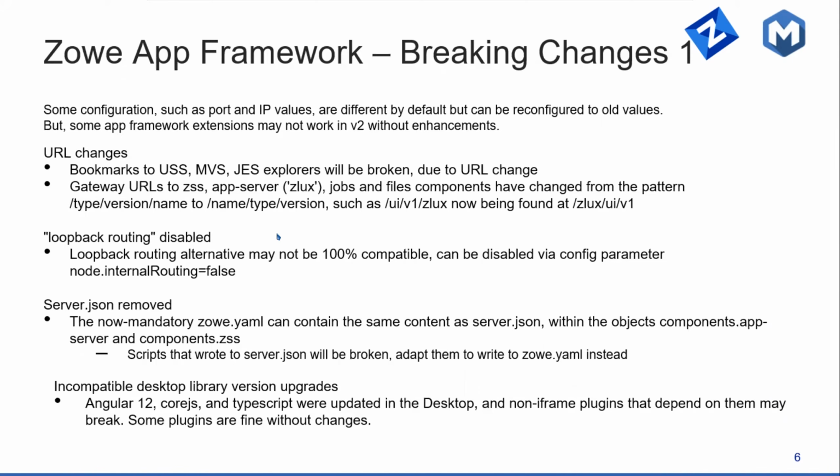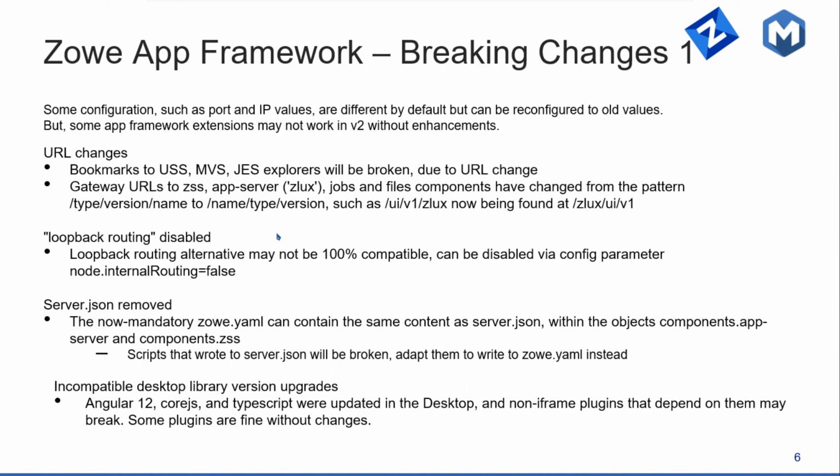So instead of writing to a config file at all, if you want to set a property, you could just document doing ZWE set, like the one on the screen here, node.internal routing equals false. That might be easier than opening up a config file for some.